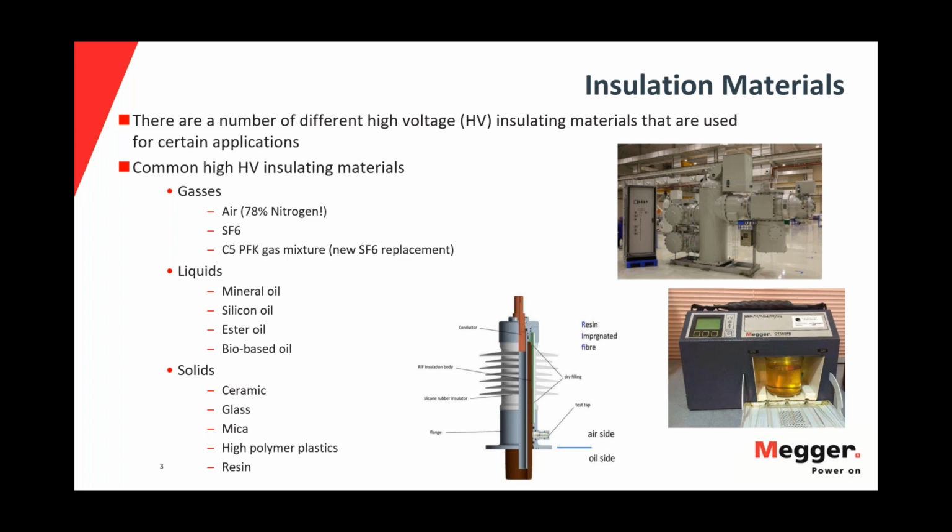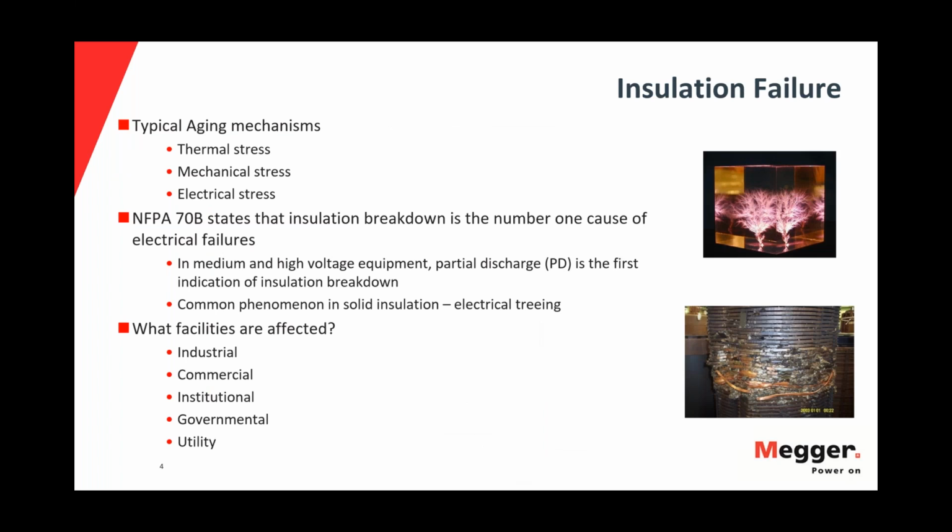For example, SF6 gas used in GIS, for example, they show a very fast rise time, and that's why very high frequency, like ultra high frequency UHF, will be useful there due to the very fast rise time of the electron pulses, PD pulses.